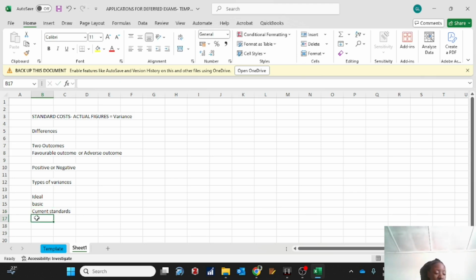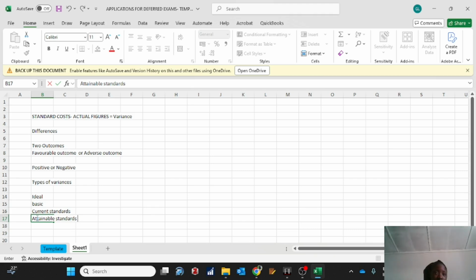Then we have what we call attainable standards. Attainable standards are standards that we are currently working on and that can be achieved. For example, we set the goal that I would want to get an A plus in digital content creation. That is an attainable standard.